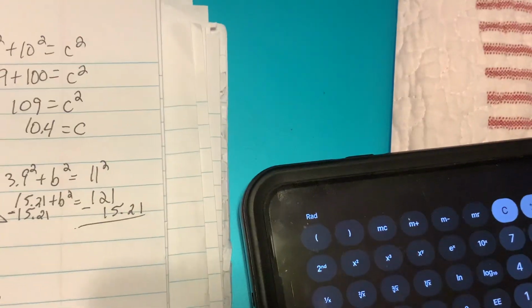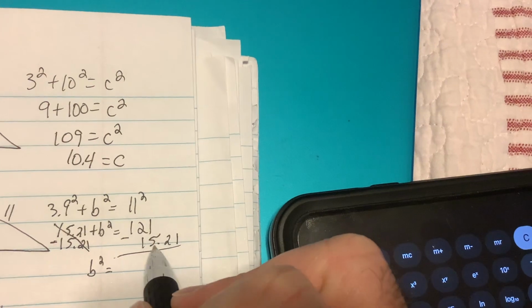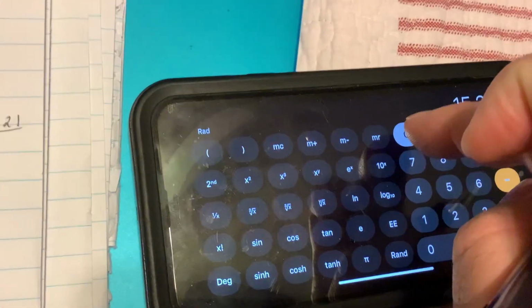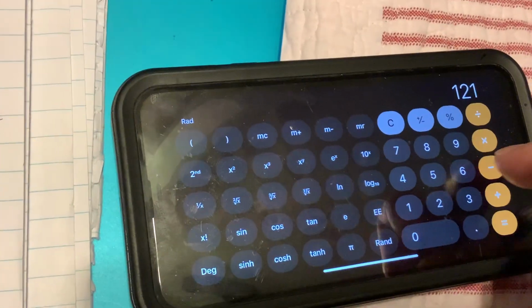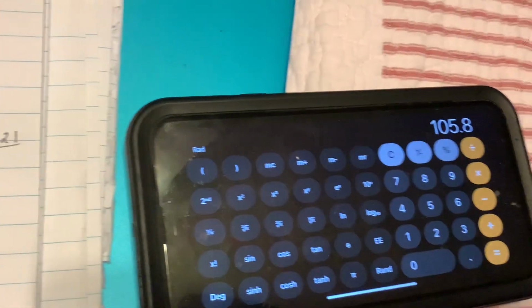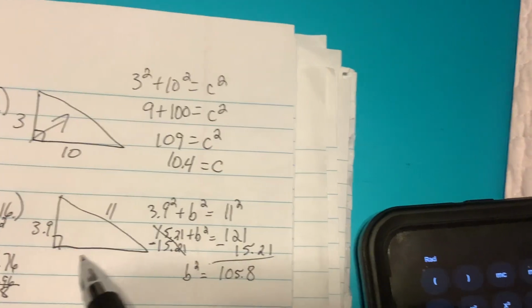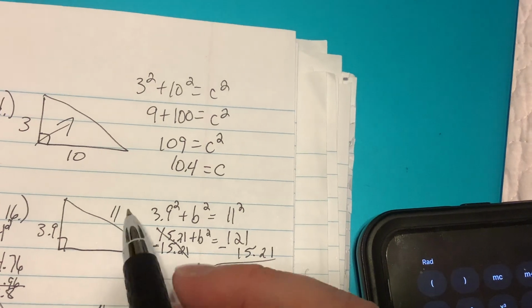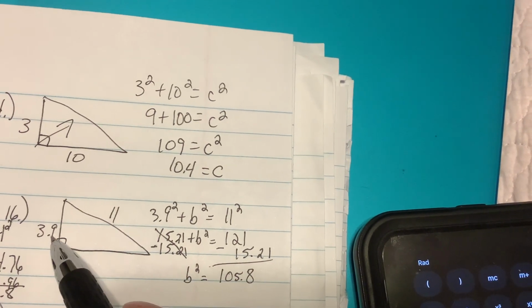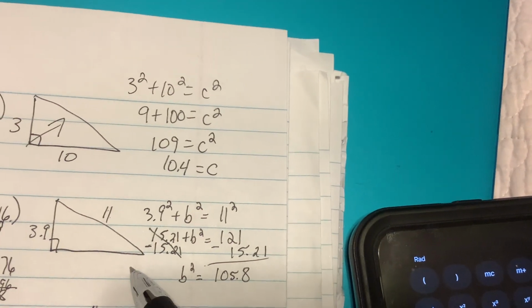Okay, and so see what happens is we're left with B squared, and we're left with whatever 121 minus 15.21 is. Okay, is 105.8. And the main thing too is don't forget this is still squared. If you were to put 105.8, that should ring some bells as far as that being a really small side, that being 11, and then all of a sudden you've got 105.